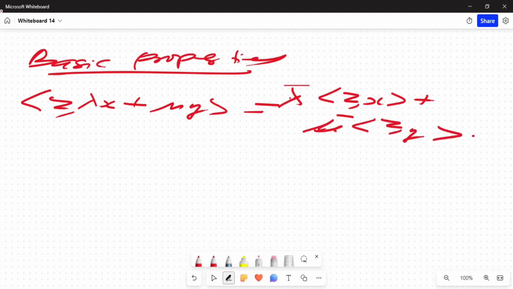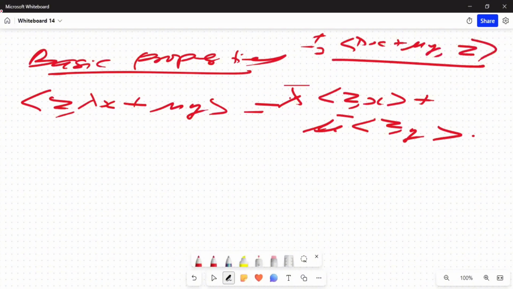Okay? Remember I3 gave us this. By I3 you had this one first and this one last. But this property, if you reverse it, what do you have? What you have in I3 is lambda x plus mu y comma z.